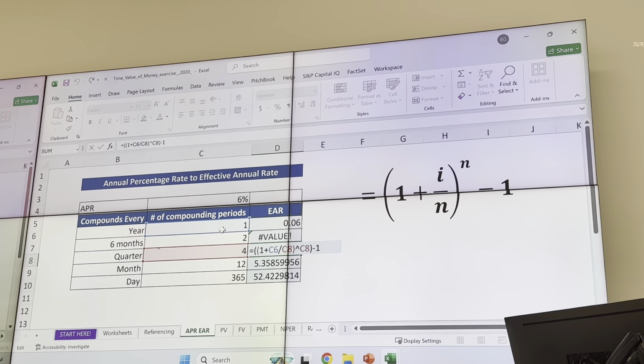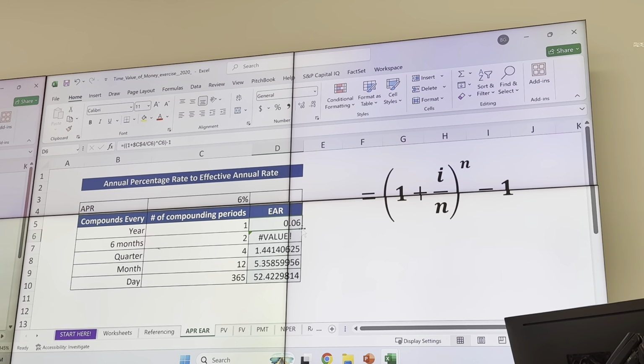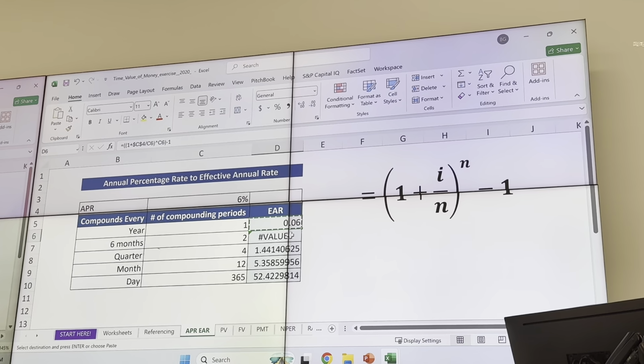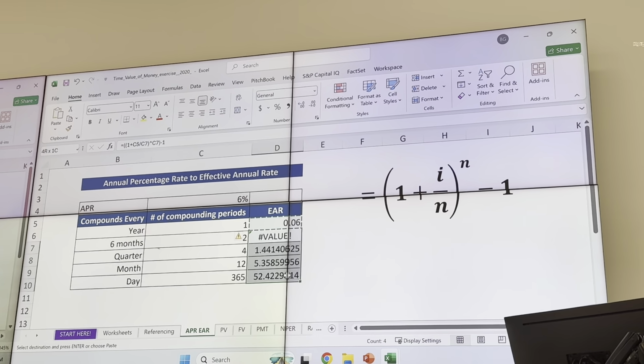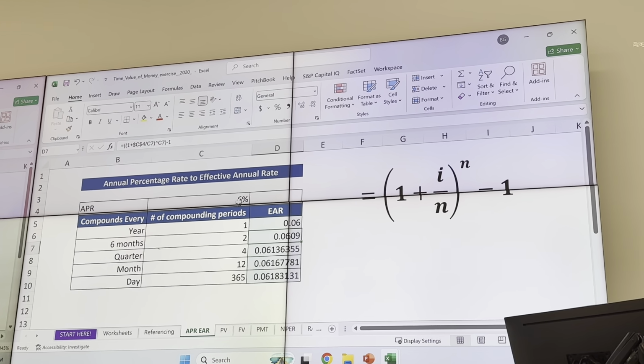So remember, again, I'm saying you have to block it with a $ sign. And now you can copy it down below. So now every time the annual percentage rate remains the same; this is called referencing.